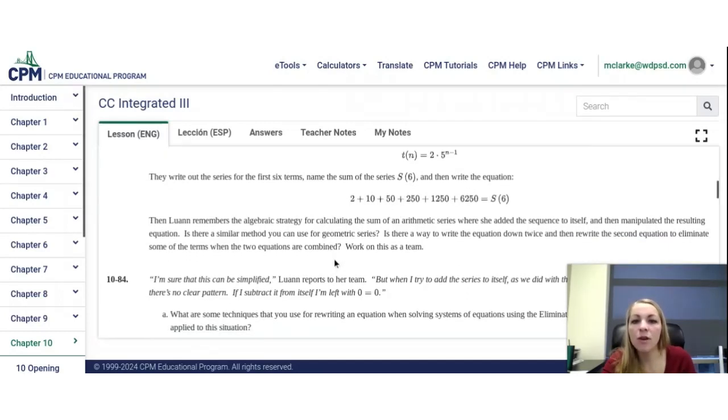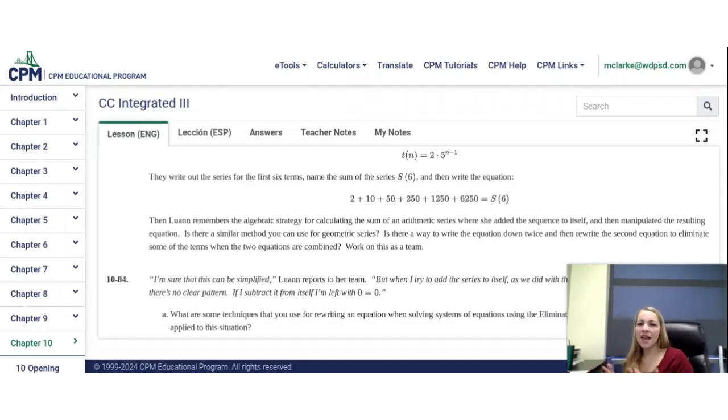And then Luann remembers the algebraic strategy for calculating the sum of the arithmetic series, where she added the sequence onto itself and then manipulated the resulting equation. Is there a similar method you could use for a geometric series? Is there a way to write the equation down twice and then rewrite the second equation to eliminate some of the terms? Okay, so we're trying to get rid of some stuff.